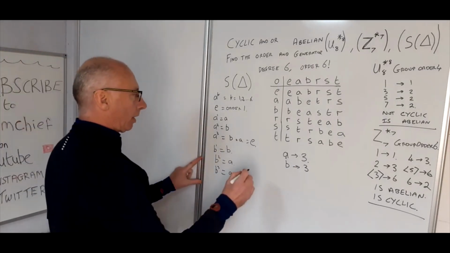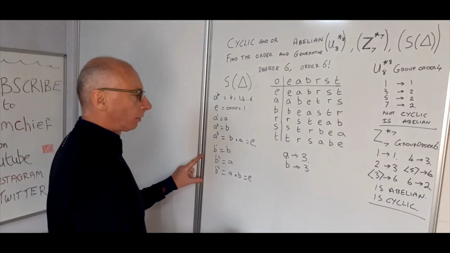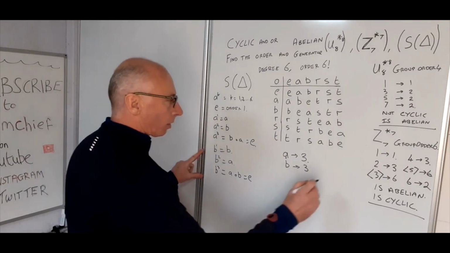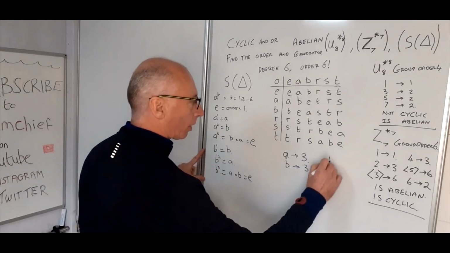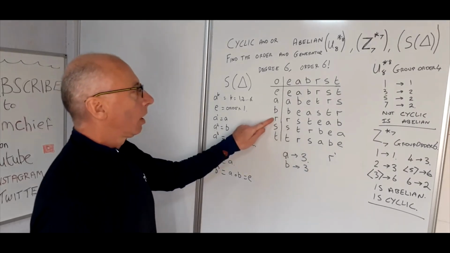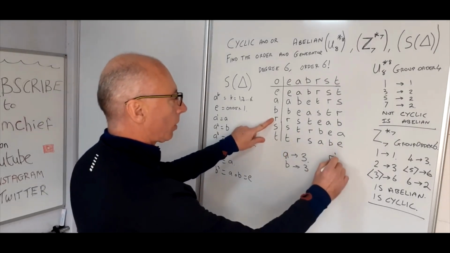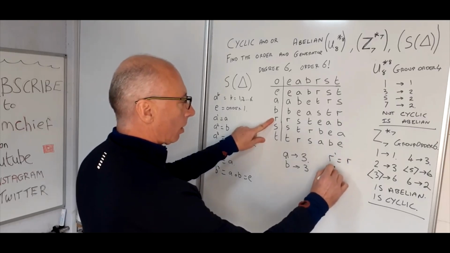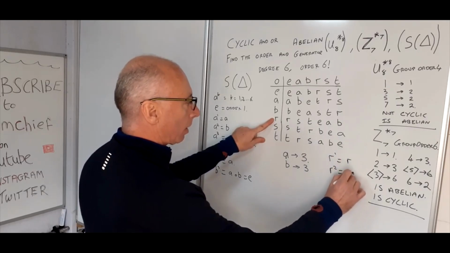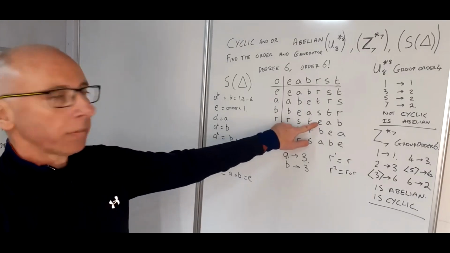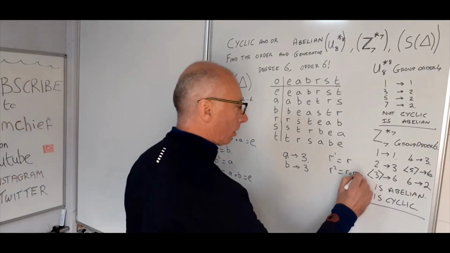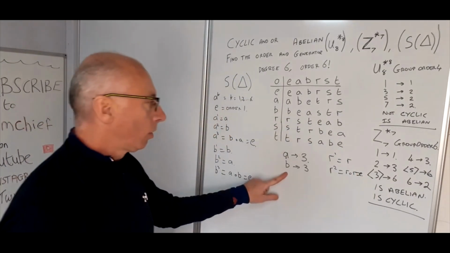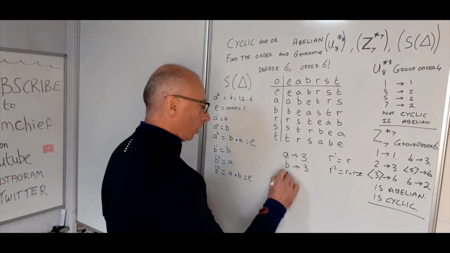Okay, now let's go for R. R to the 1 will just give us R. R squared, which is R acting on R, will give us the identity. So therefore what we say is that R is of order 2.